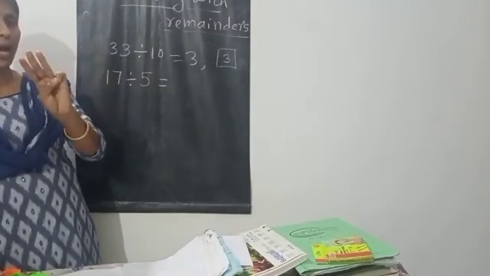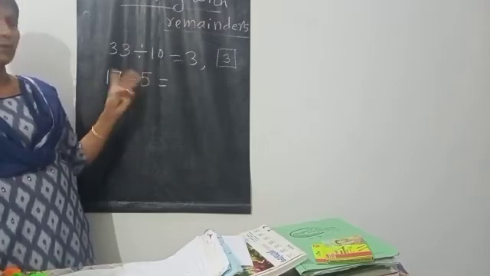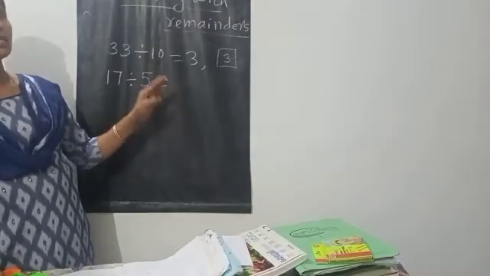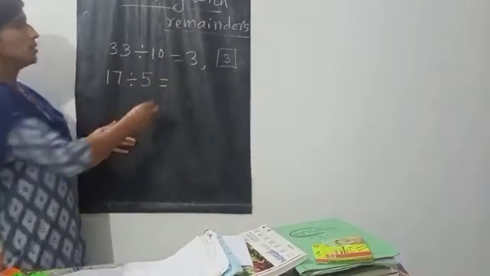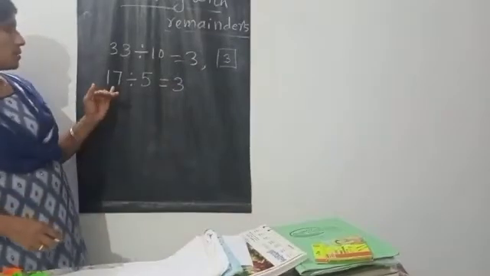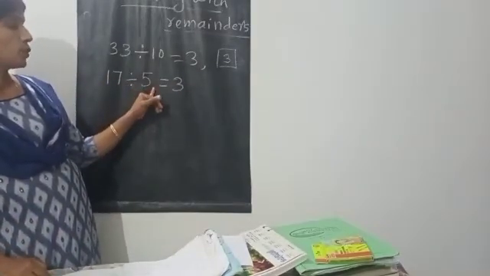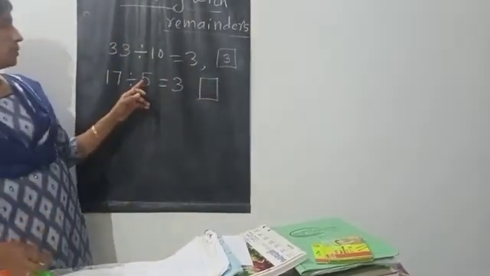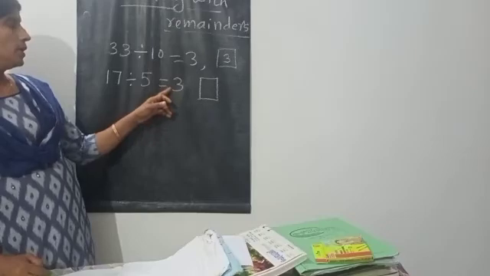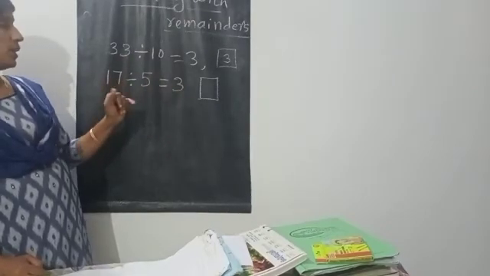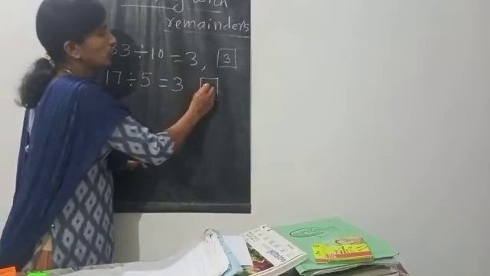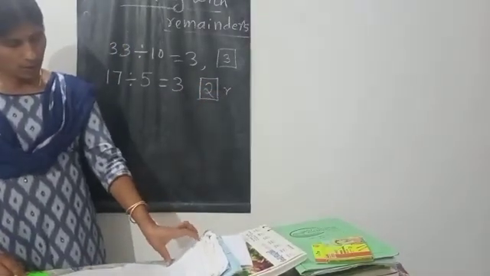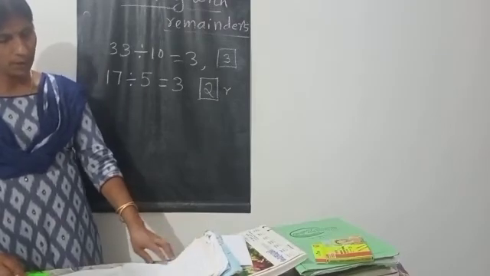We can take 5 three times from the number 17. So 3 times 5 is 15. So we can write 3 here. 17 divided by 5 is equal to 3. And what is the remainder? 5 times 3 is 15. Then 16, 17. 2 is the remainder.